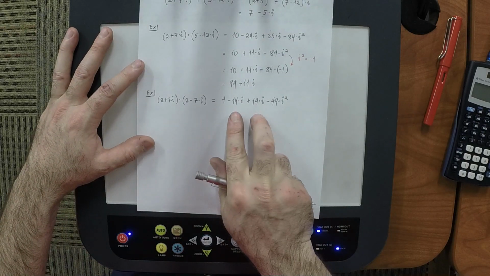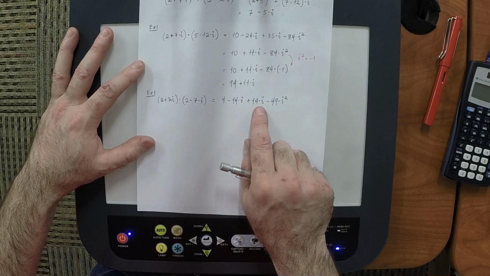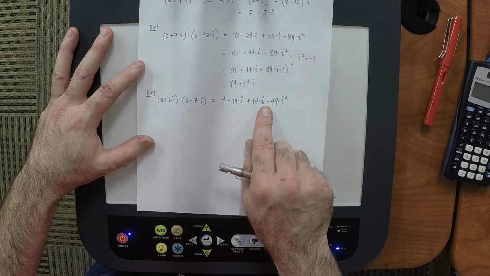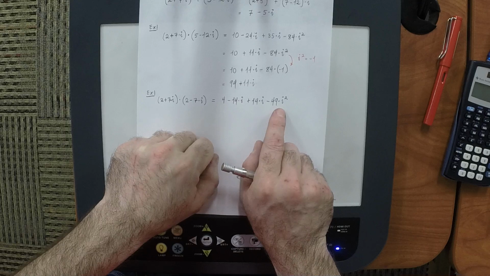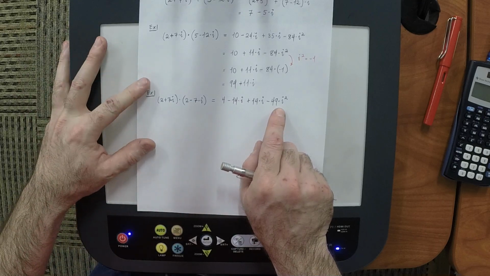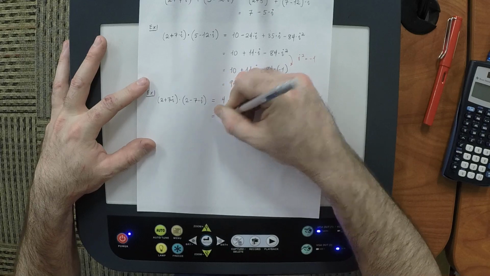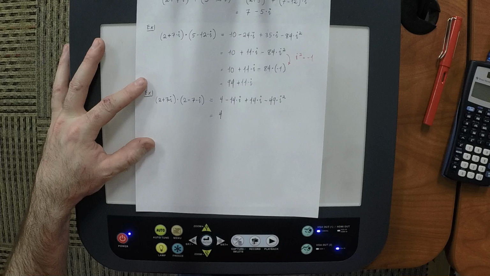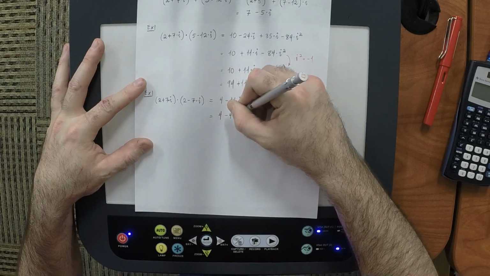So notice that the product of conjugates still causes the middle things to cancel, right? Negative 14i, and then add 14i. So the middle ones cancel. And what do we do with the i squared? It becomes negative 1. So this would be 4, and then minus 49 times negative 1.